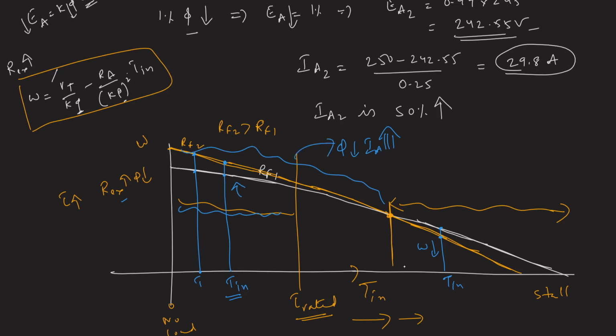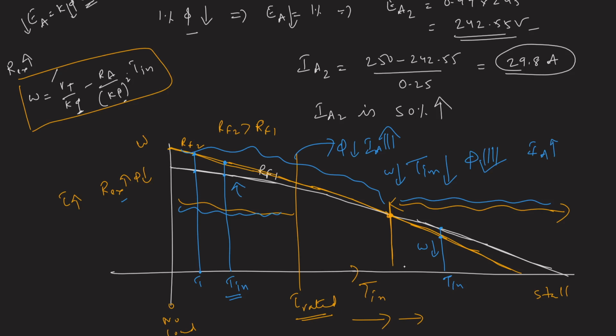But from here onwards, the flux reduction is very high and the armature current variation is very small. Due to that, the torque induced actually reduces and the speed falls below the actual value. That is what you have to understand from this graph.